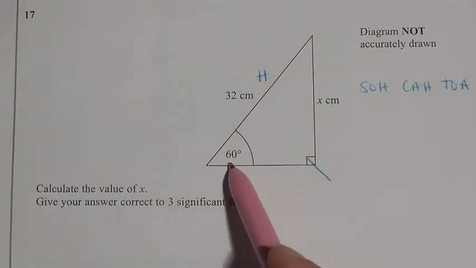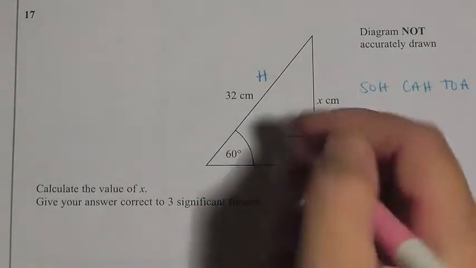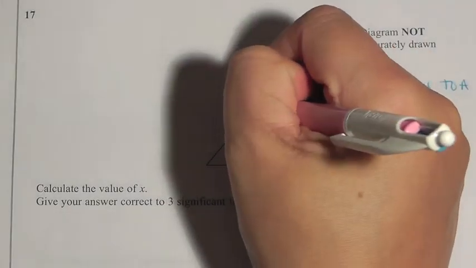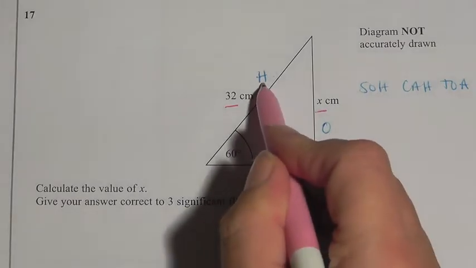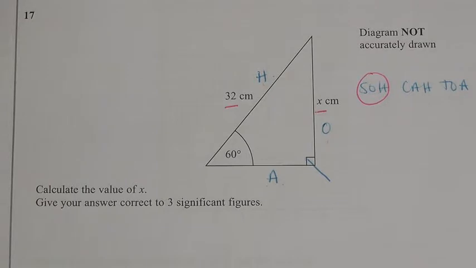So we're using this angle here, so this is going to be our opposite side and this is going to be our adjacent. We then need to think about what we know and what we're trying to find out. So we know this side and we're trying to find out this side, and they are O and H, and O and H are with our sine rule.